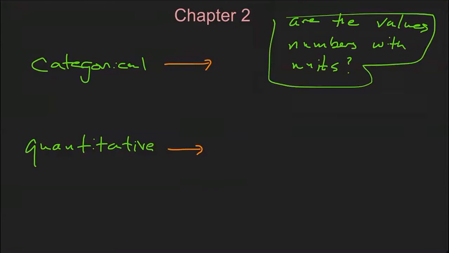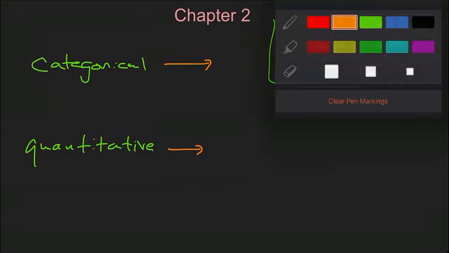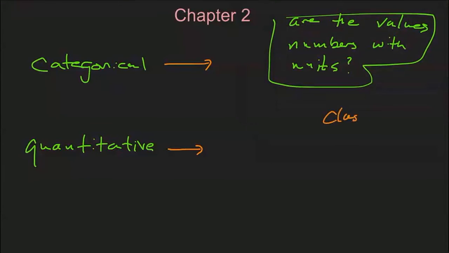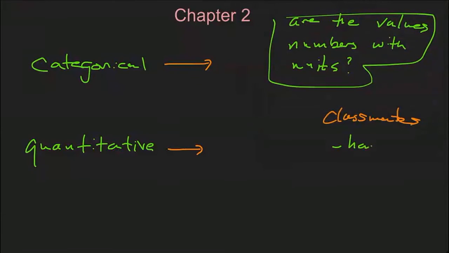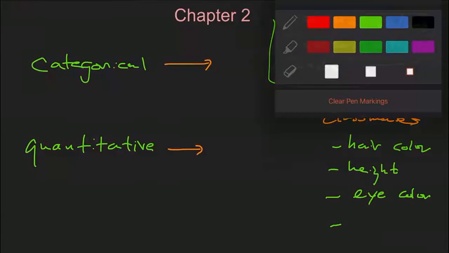So you come across a variable. A variable is referring to something, some question you're asking. So let's say we're surveying our classmates and we're collecting several pieces of information. Let's say hair color, height, eye color, and we'll just leave it there for now.